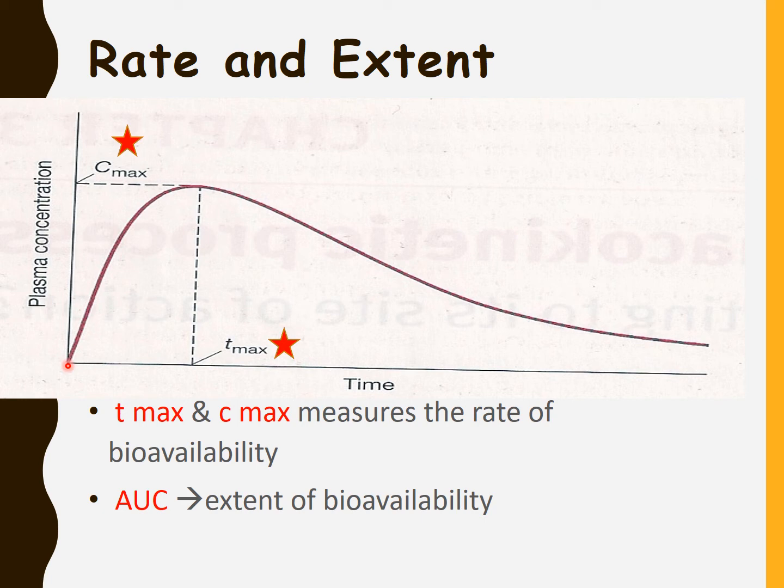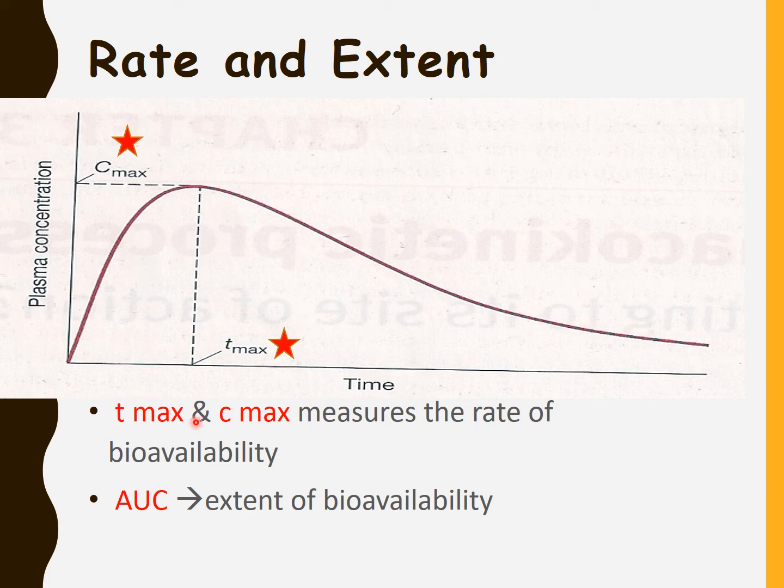Here the drug is absorbed slowly, so the plasma concentration is increasing, and at some time it reaches the maximum. Then it gradually decreases, as the absorbed drug is eliminated, or other mechanisms act, and the concentration of that drug is reduced gradually.